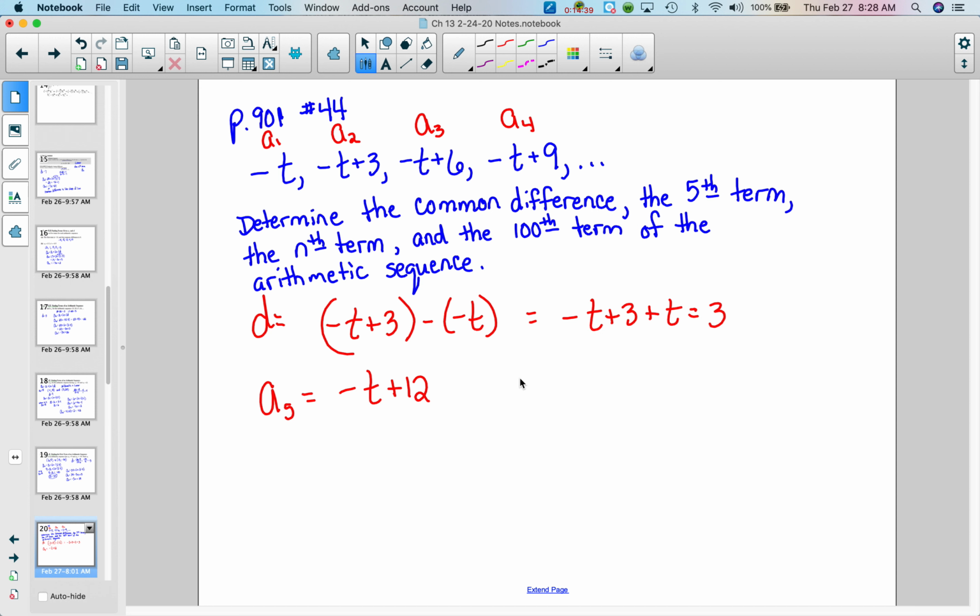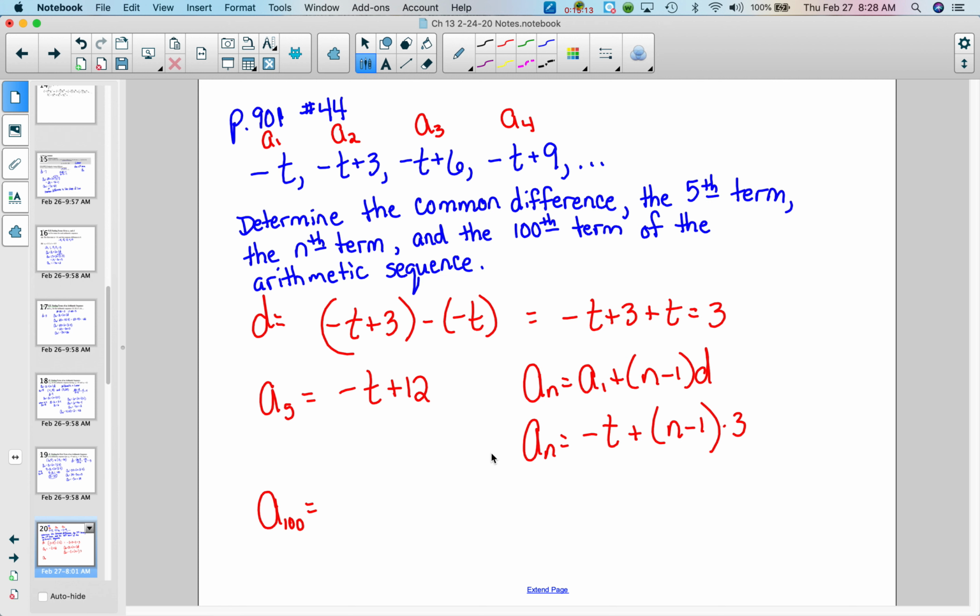So then you're asked to find the nth term. So that means we need to fit it into this model. Okay, so a sub n is a sub 1, which we know is negative t, plus n minus 1 times d, which we know is 3. And you could either leave it like that or you can kind of distribute. If you do, you're not going to have like terms anyway, so we can just leave it like that. And then find the hundredth term.